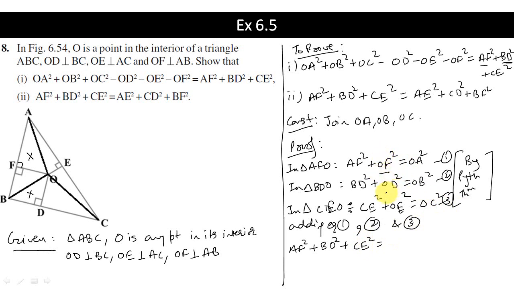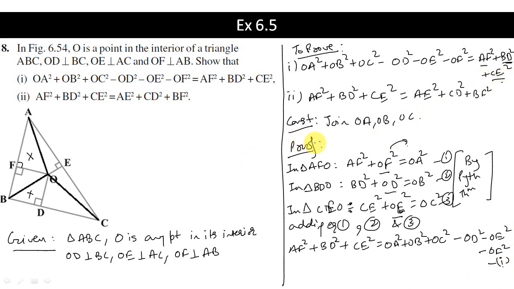This OF square, OD square and OE square will move to the right hand side. And what we'll get? OA square plus OB square plus OC square minus OD square. When this moves to the right hand side, it will become minus OD square, OE square will become minus OE square, and OF square will go to the right hand side and become minus OF square. And this is the first part which was to be proved.